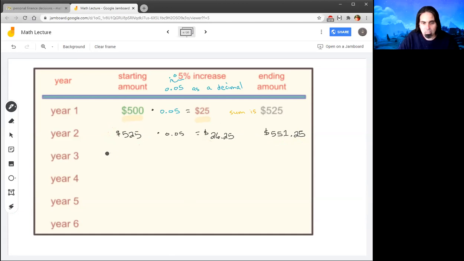So same thing. This is now 551.25. It's still 5%, but 5% of a bigger number is a bigger thing. Just like 5% of a millionaire's income is more than 5% of my income.